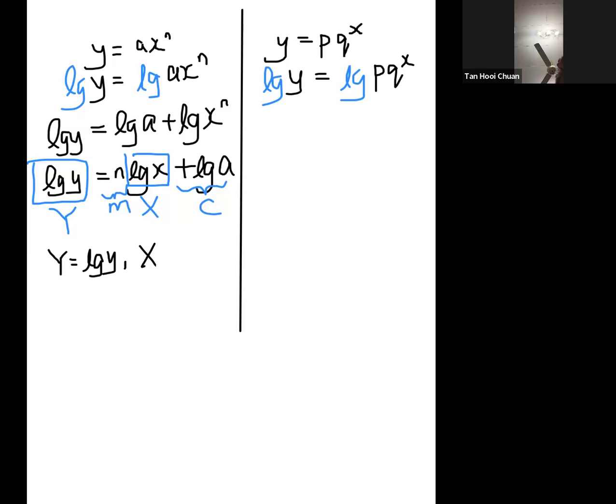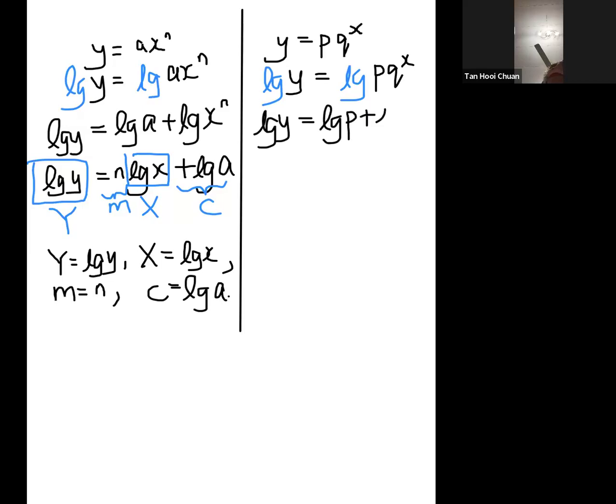Grade X is LG x. And then M equal to n. C is LG a.